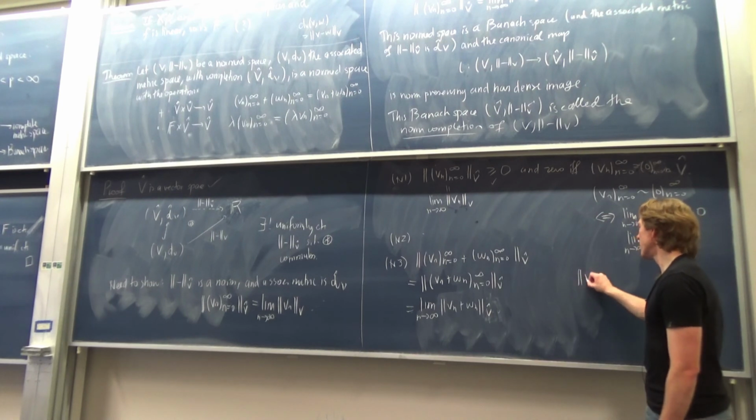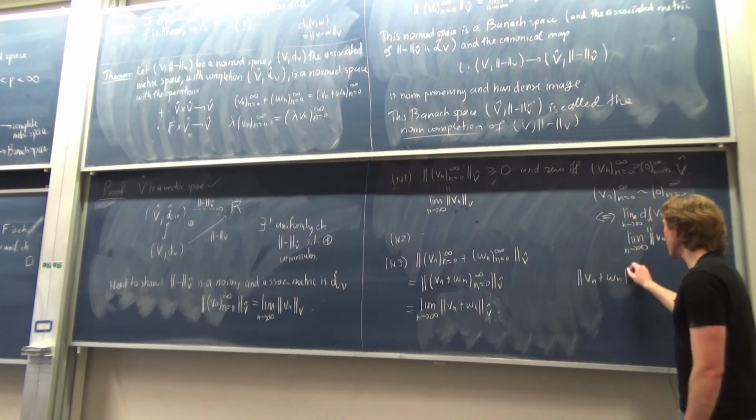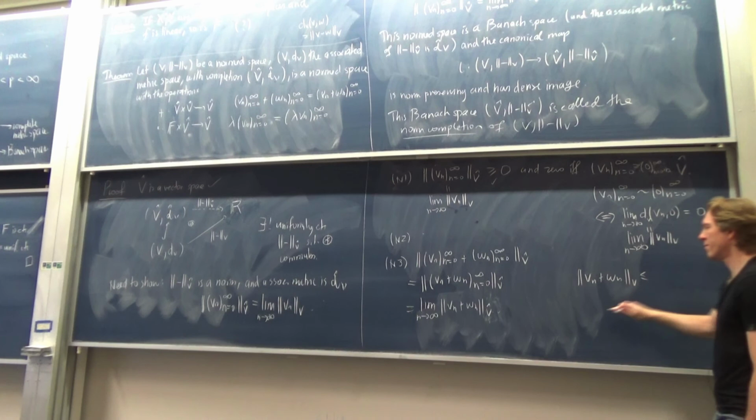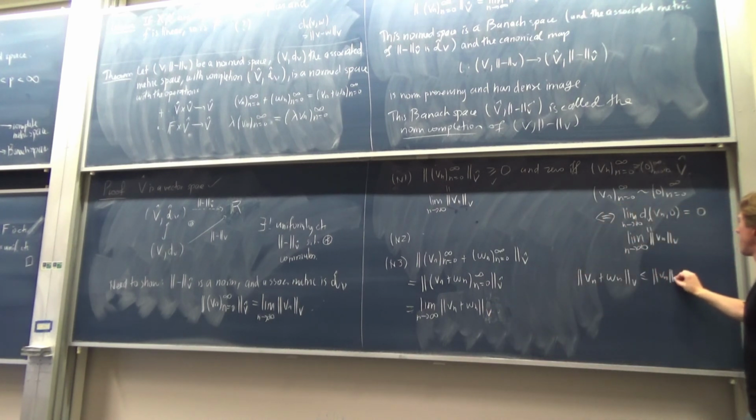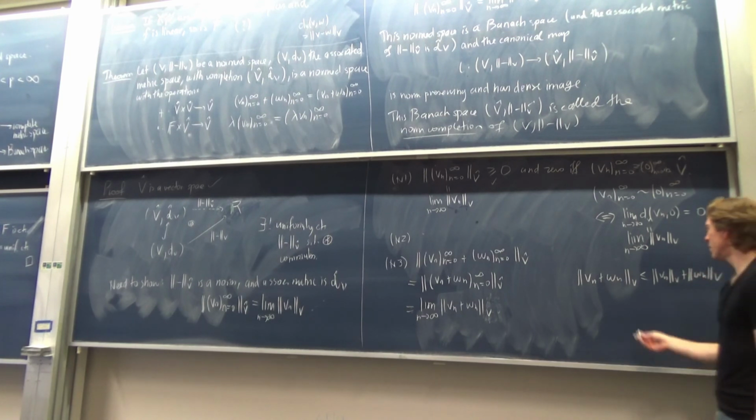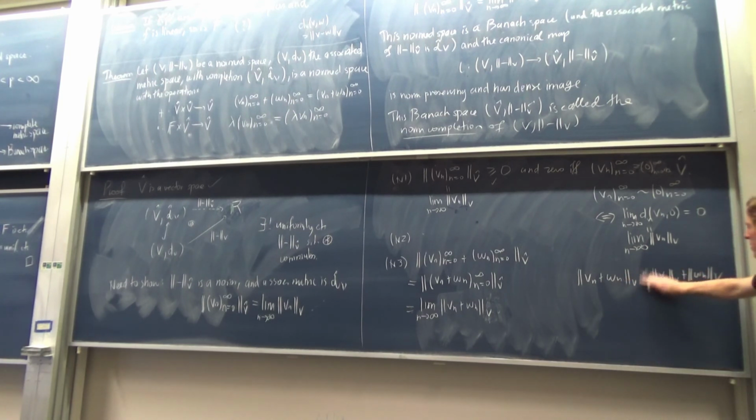But since V is a normed space, I have for every n this. So moving everything over, that says that's less than or equal to 0.